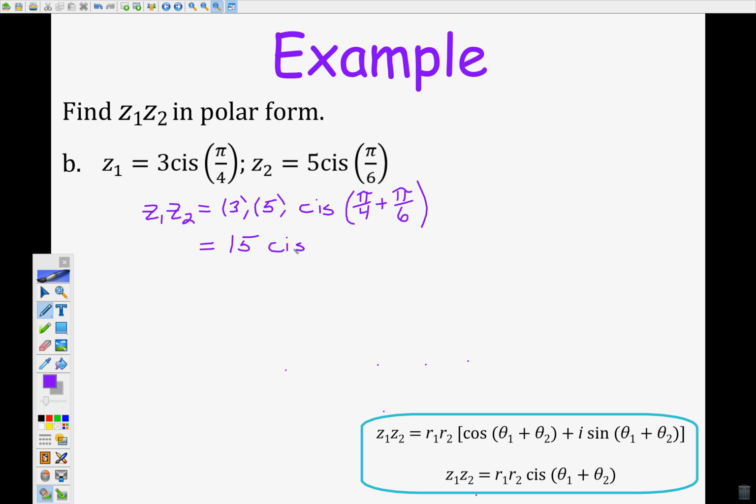In this case, my common denominator would be 12. So I'm going to think about this as being 3 pi over 12, and this one as being 2 pi over 12. So that my final answer will be 15 cis 5 pi over 12. And that's it. I'm done. The most complicated part of the polar form is just getting the common denominator in order to add the fractions.